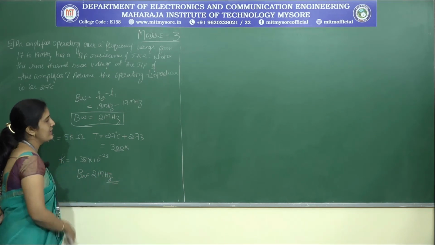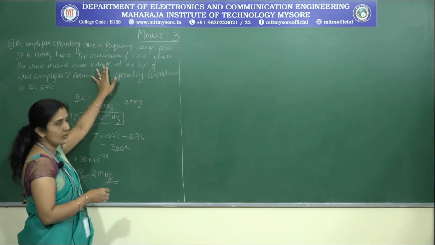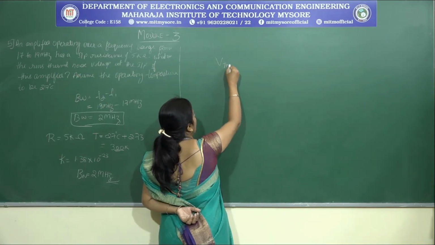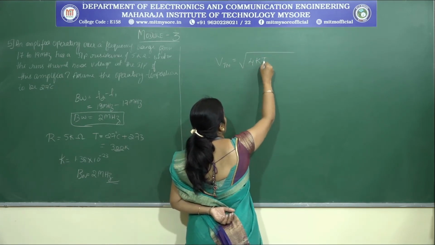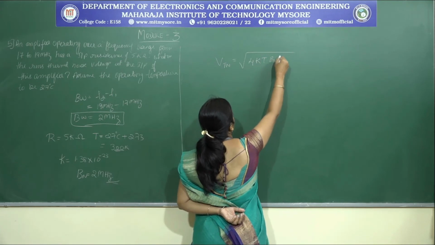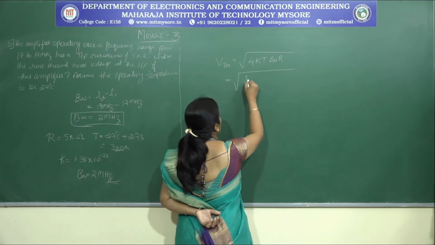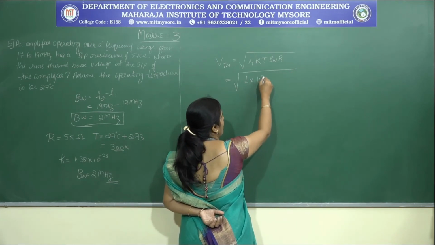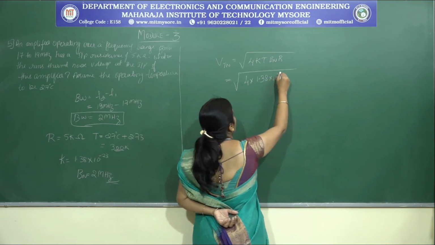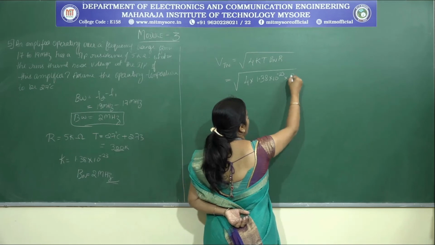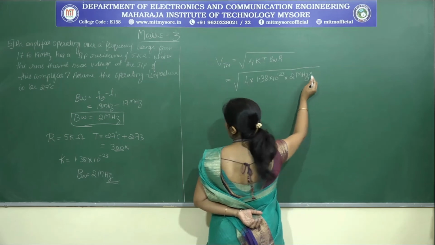So keeping all these terms, let us solve the RMS thermal noise. We know the formula for that. Vtn is equal to square root of 4 into k into T into Bn into R. So substituting this, we get 4 and the Boltzmann constant 1.38 into 10 power minus 23, and the bandwidth we have got is 2 megahertz, and the resistor is how much?